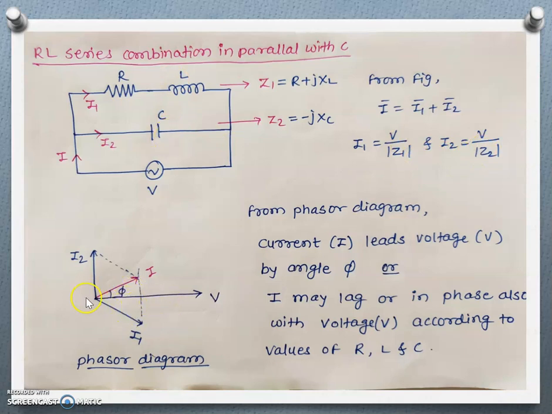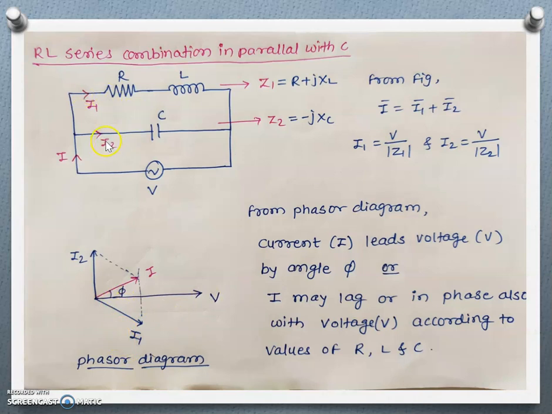If we want to draw the phasor diagram, then again voltage as a reference vector we have drawn here. Then I1 is the current flowing through RL series combination branch. This is inductive in nature, so I1 lags V by some angle, which is less than 90 degree.